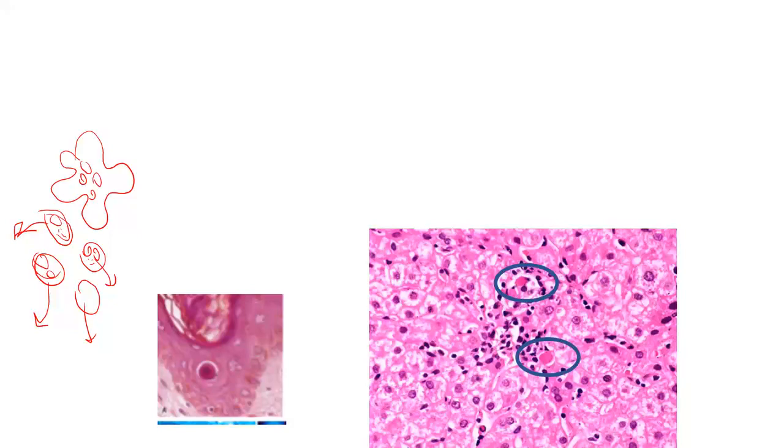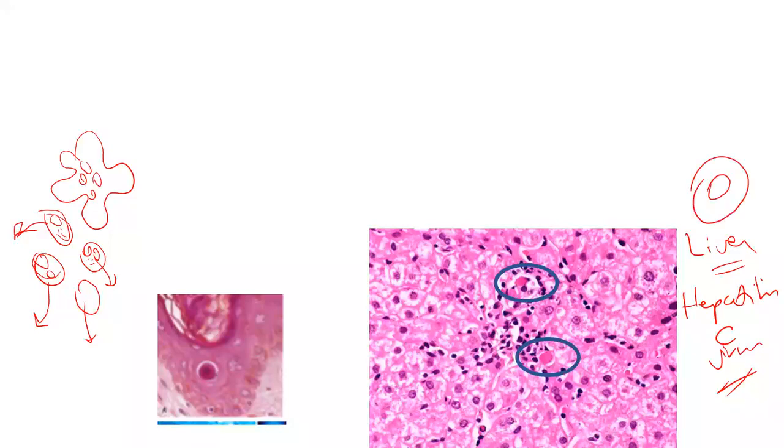If you look at a liver section like that, in cases of hepatitis C virus infection, what happens? Of course, you know that hepatitis C virus is a viral infection affecting hepatocytes, and usually the virus is intracellular.